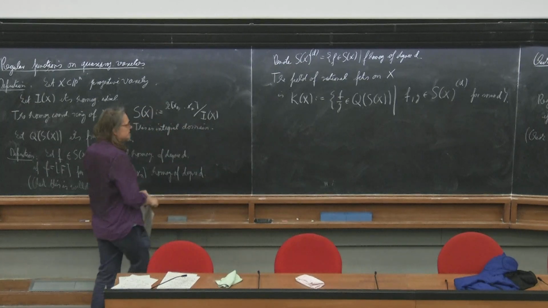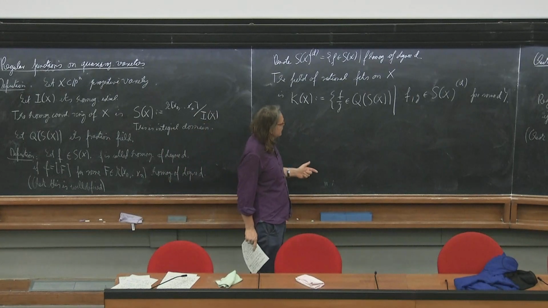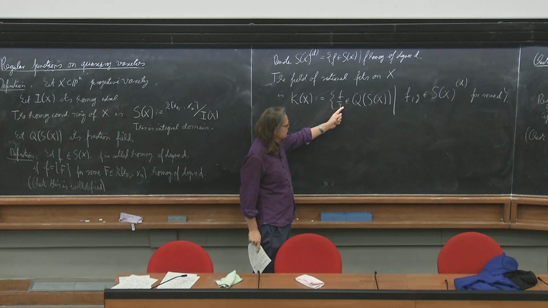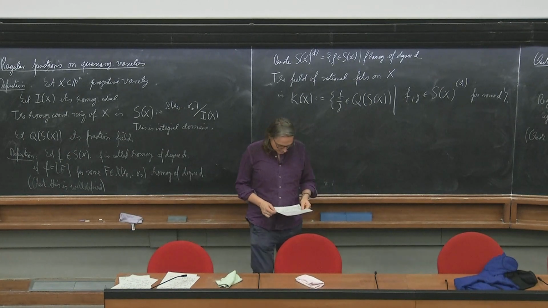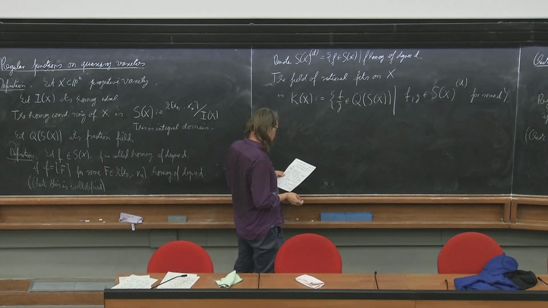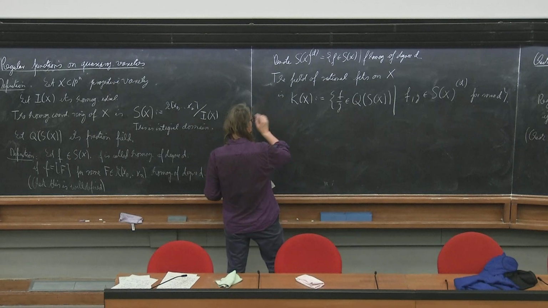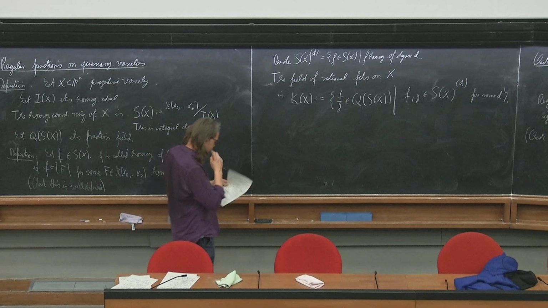And then you can see that whenever G(P) is not equal to 0, we'll see in a moment. Okay, so now we can do the same definition as in the affine case. First, we define the local ring.